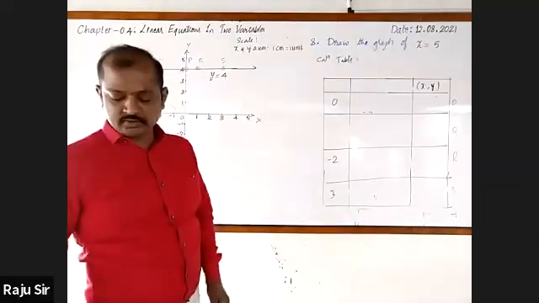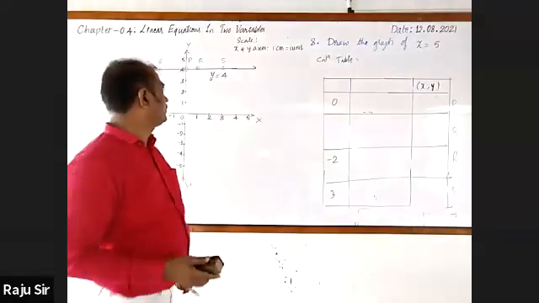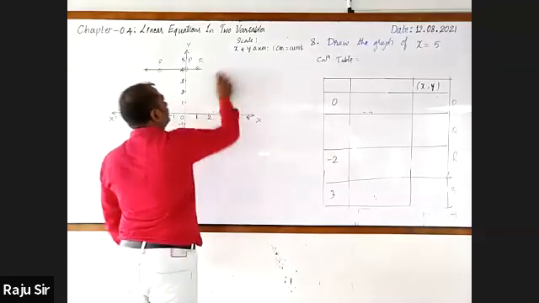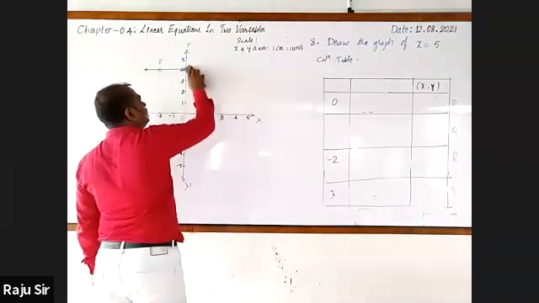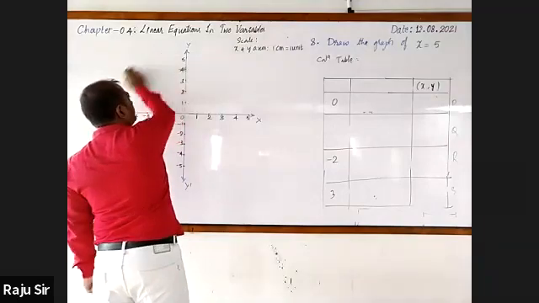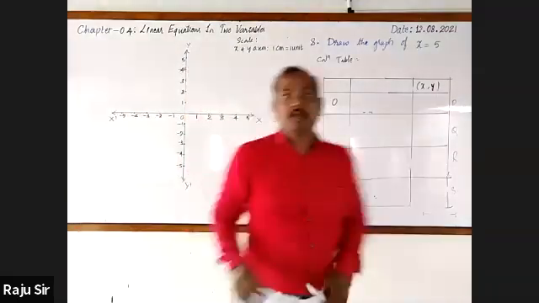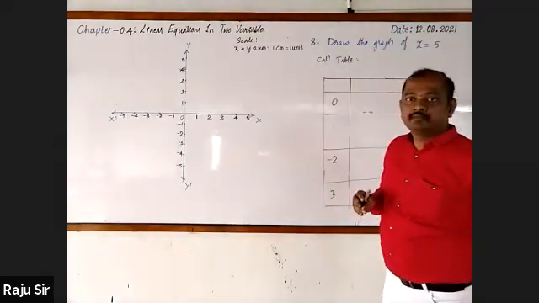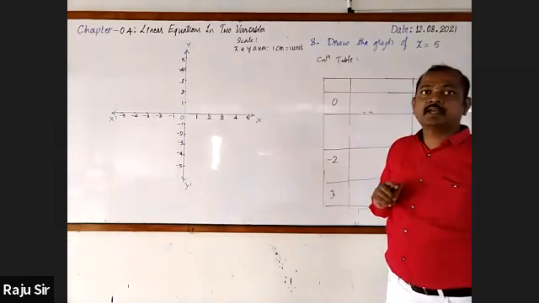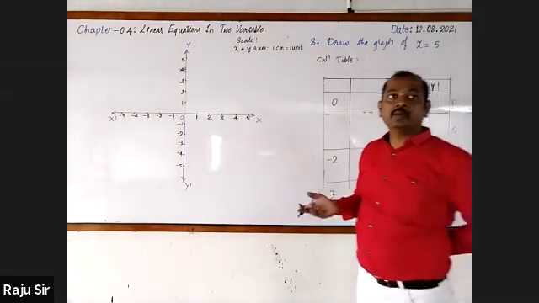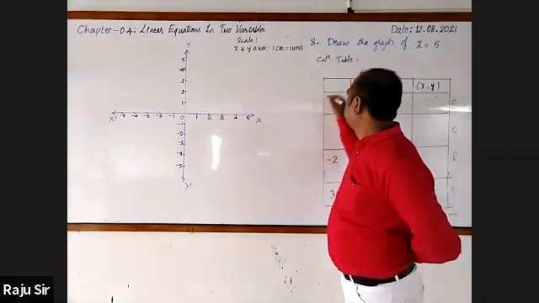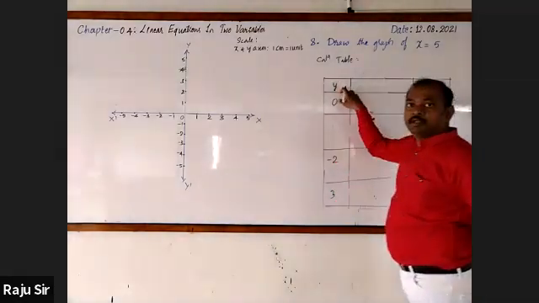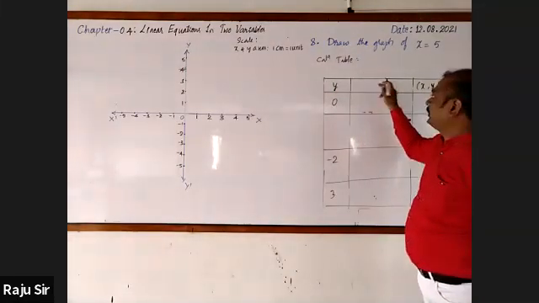Now you draw the table. X equal to 0 into y plus 5. Very good. What is the first column, x or y? Y. Giving substitution for y, we have to find x.